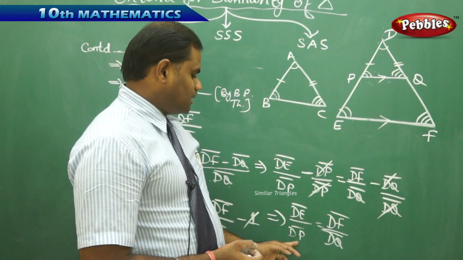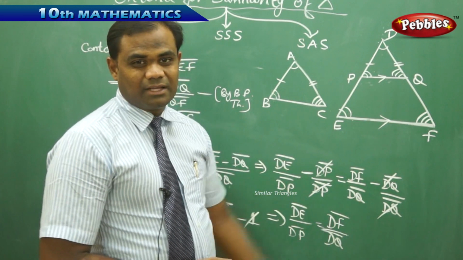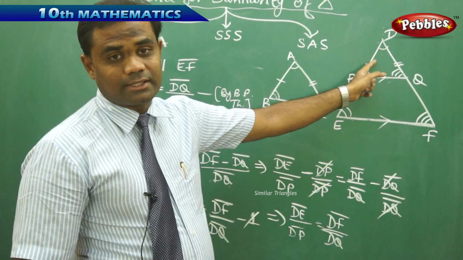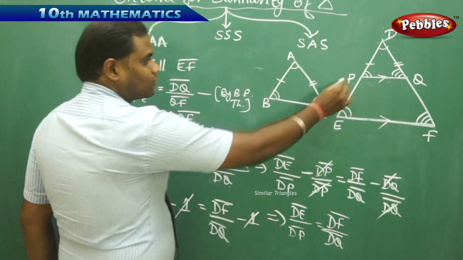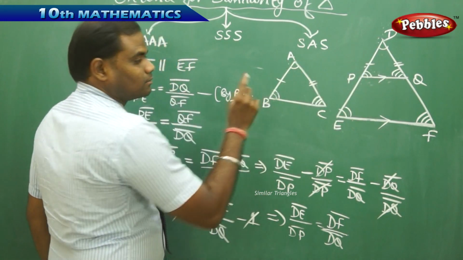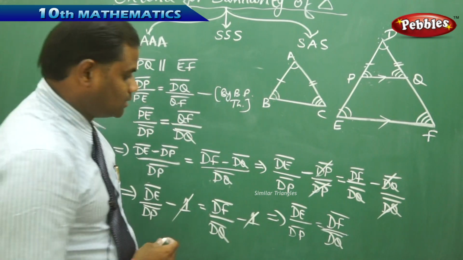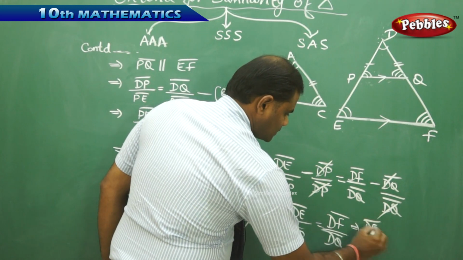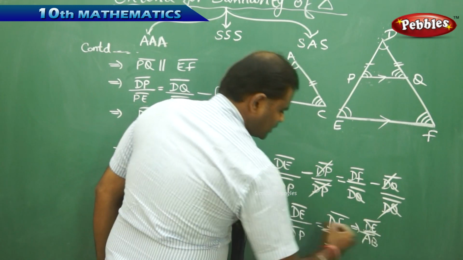So when I got dE by dP equal to dF by dQ, then immediately my dP is equal to AB, as I have taken these two sides equal. Therefore, in place of dP, I can substitute AB because both the sides are equal. So in place of dP, I get dE by AB.